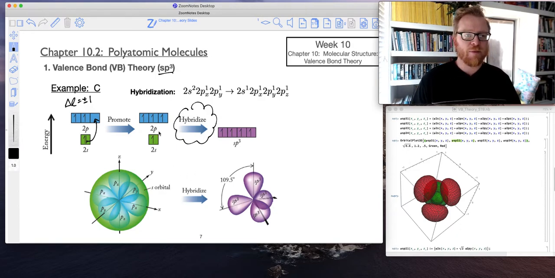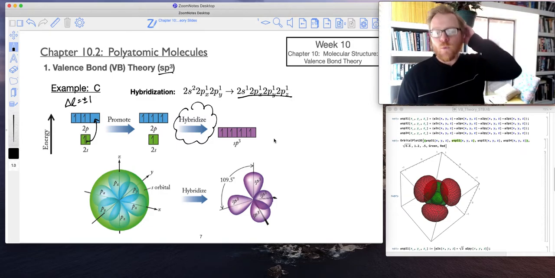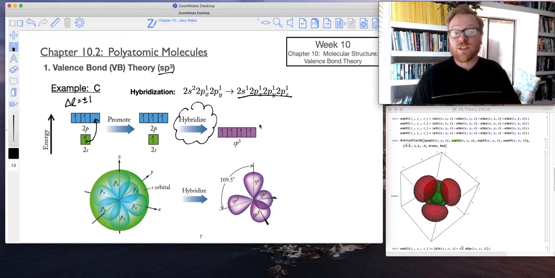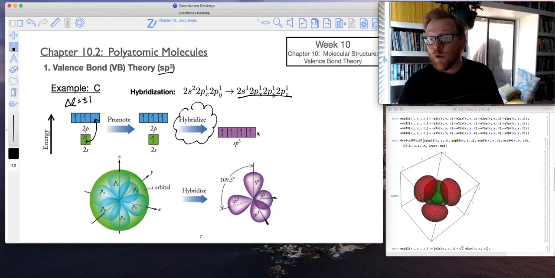But in any event, if we view this as promote and then hybridize, our 2s2 gets promoted to this 2p3, and now we have 4 unpaired electrons, 1 in each px, py, pz, and 1 in 2s, as indicated. And we view this as creating what's called a new orbital, a hybrid orbital, which is sp3.